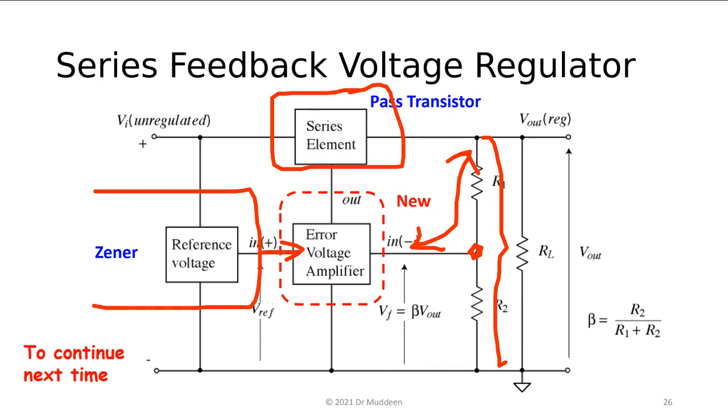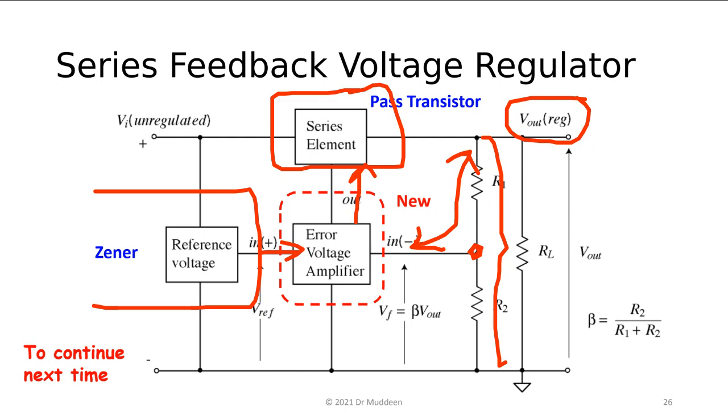This amplifier now is going to send a signal to the series element, which is our pass transistor, so that if this varies at any point in time, we have this Zener voltage and we have this sensing voltage coming in here.